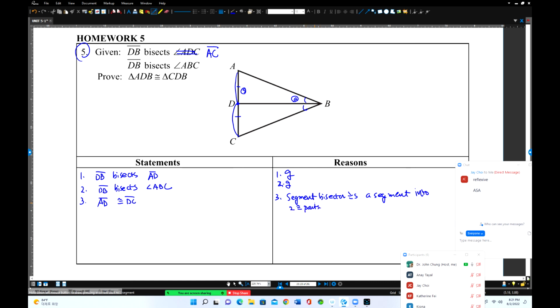After that, you can say angle ABD congruent to angle CBD.